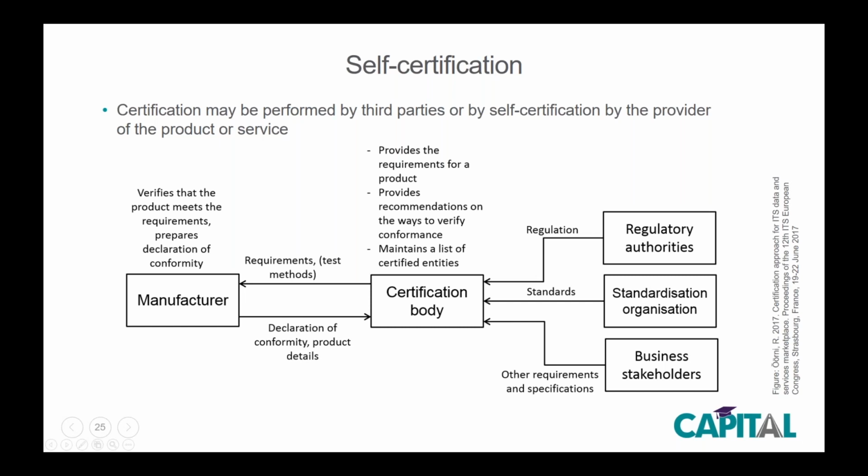The certification body may provide requirements for the product, provide recommendations on ways of verifying conformance, or maintain a list of certified entities. And the requirements for the product may be coming from regulatory authorities. They may come from standardization organizations or from industry stakeholders.